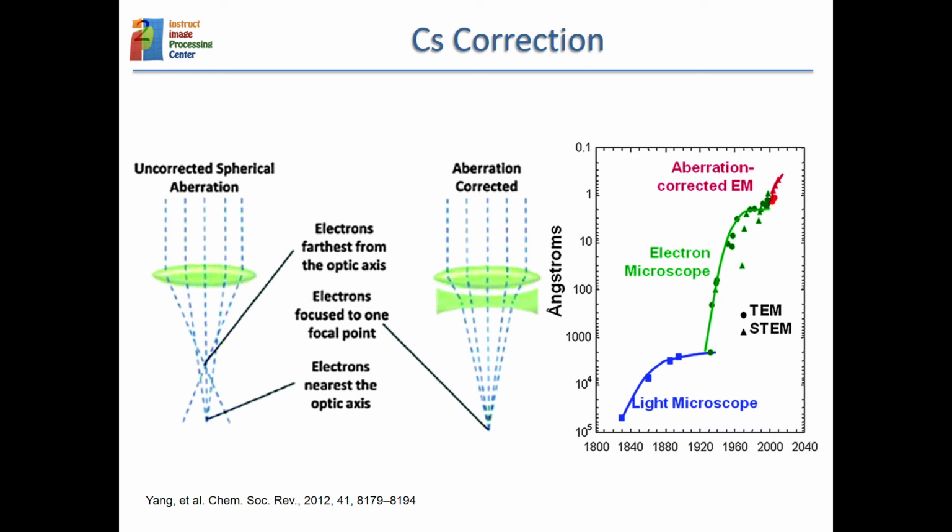And in biology we don't find this need very often, but you have some papers by Holger Stark, for instance, in which with a CS corrected microscope they achieve very high resolution. So this may be also the future.